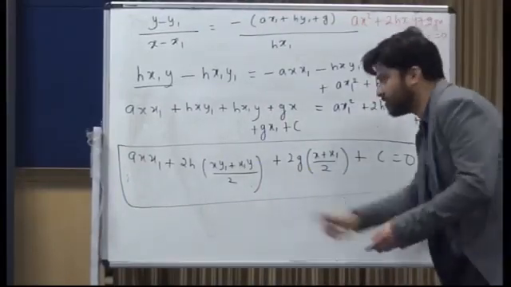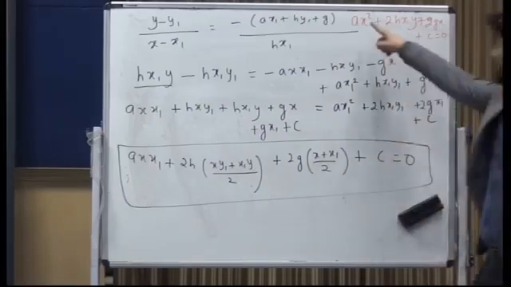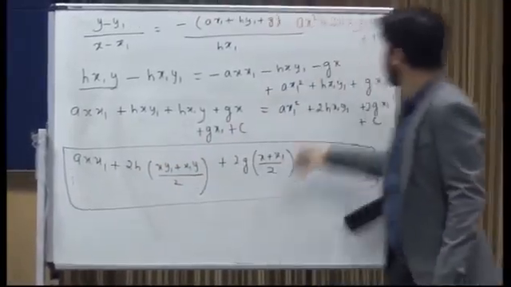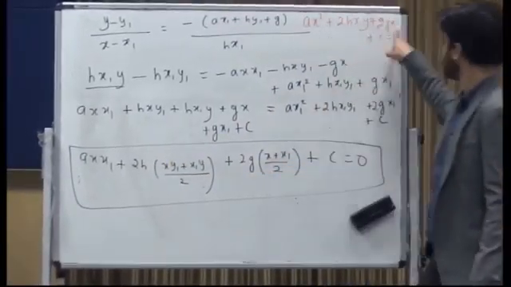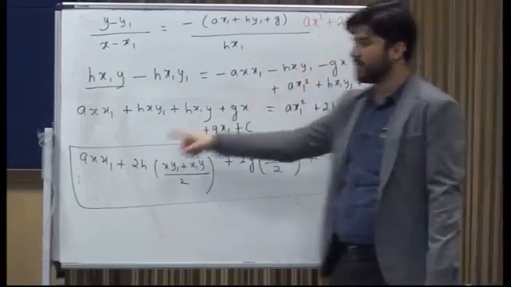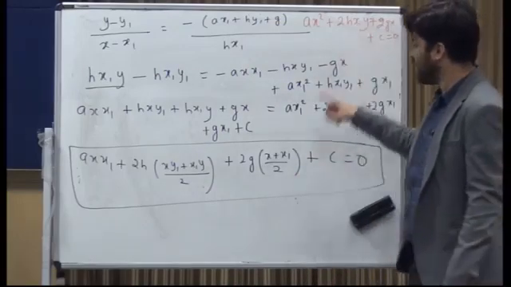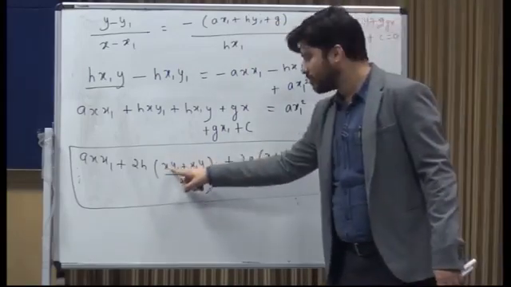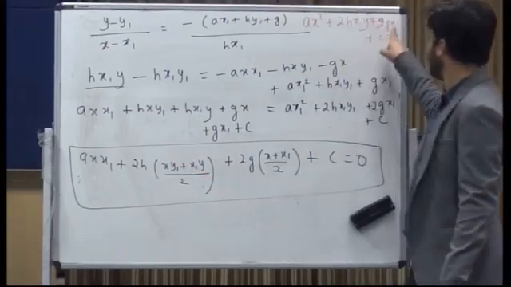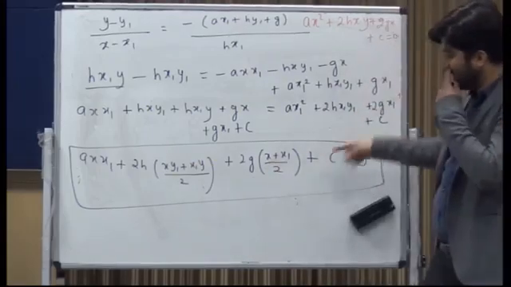This is the tangent. Okay, this tangent and this curve. Do you see A here? You see 2h here? You see 2g here? You see c here? Now what are the changes you observe? You see x square has been replaced by x x1. xy has been replaced by (x1y plus xy1) by 2, and x has been replaced by (x plus x1) by 2, and c will remain as c.